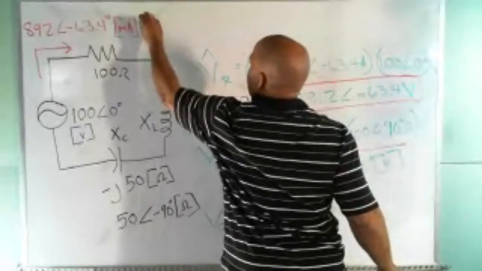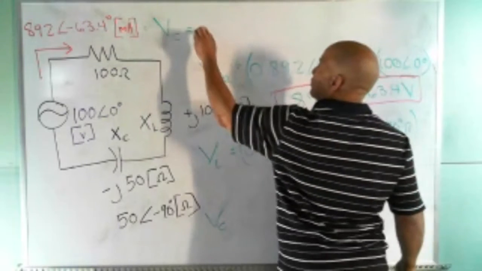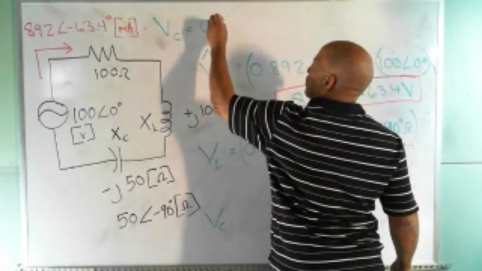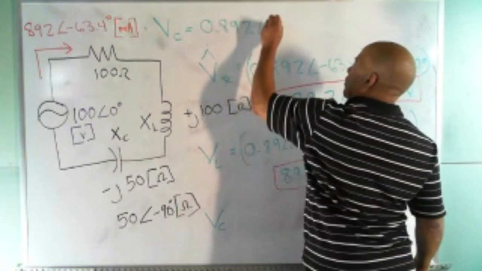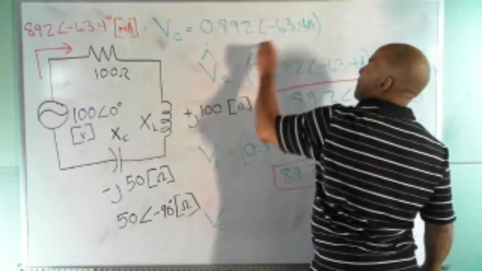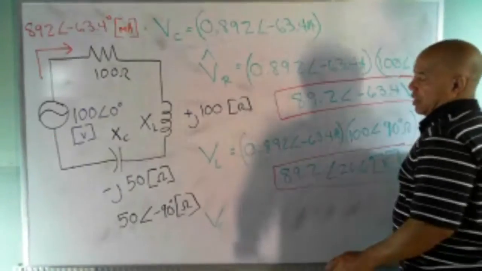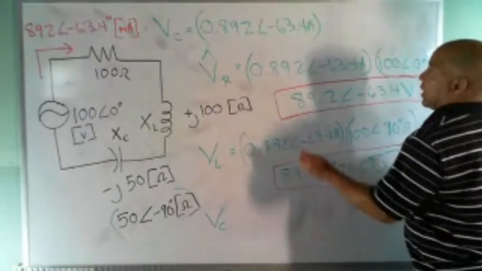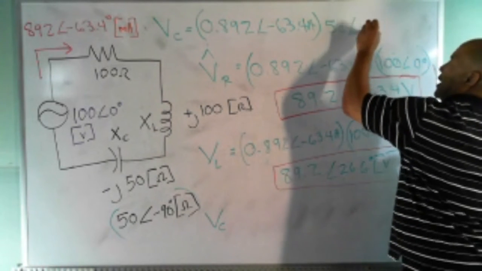So VC is I times XC. I'm using this one because I'm multiplying. So it's 50 angle minus 90.